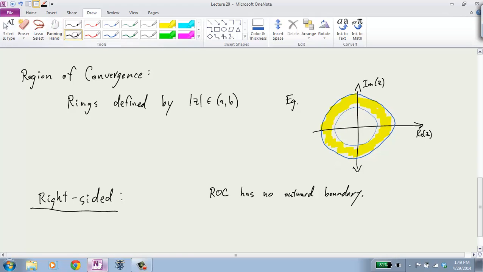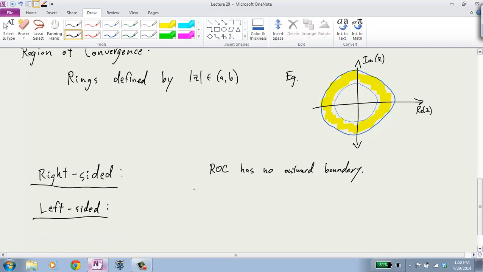What was it for the Laplace transform? A right-sided signal had no what? What did we know about the region of convergence? Yeah, had no right boundary. So here, the right in the Laplace transform is sort of outward in the z space. All right. And then, of course, if it was left-sided, then the ROC has no inner boundary.